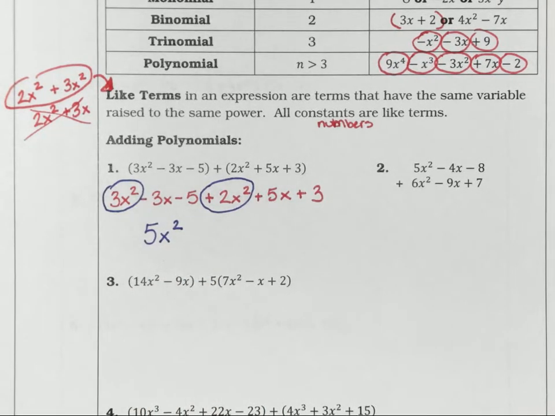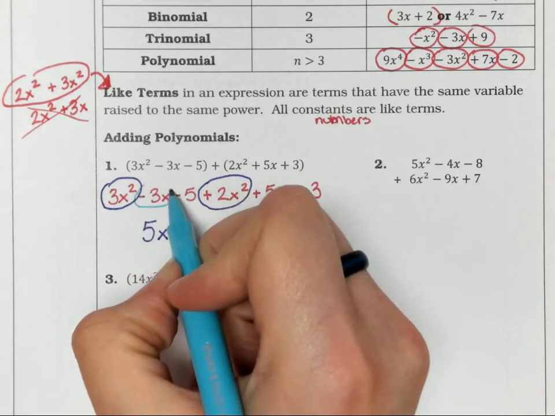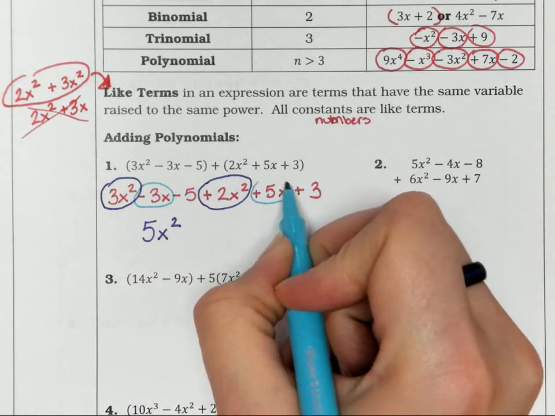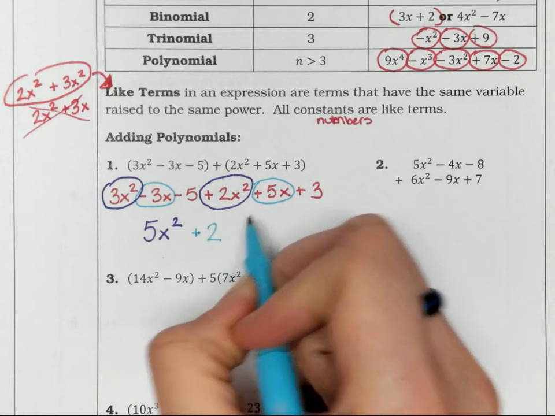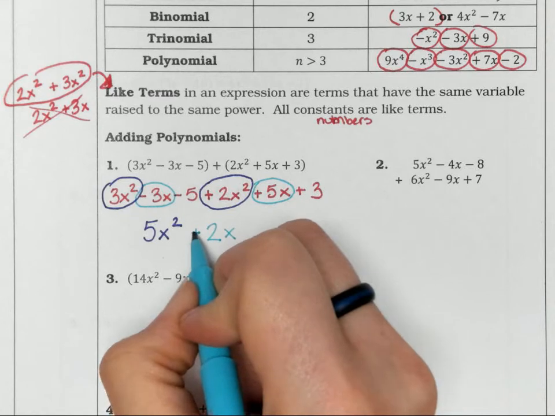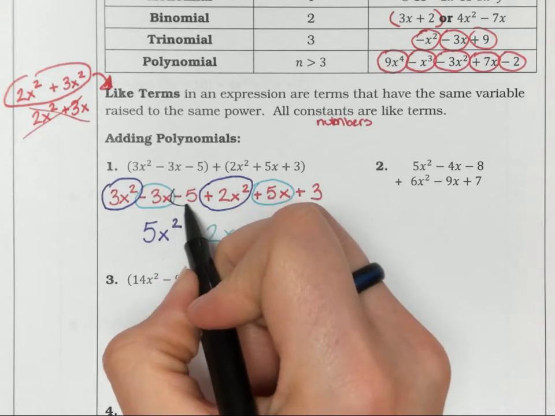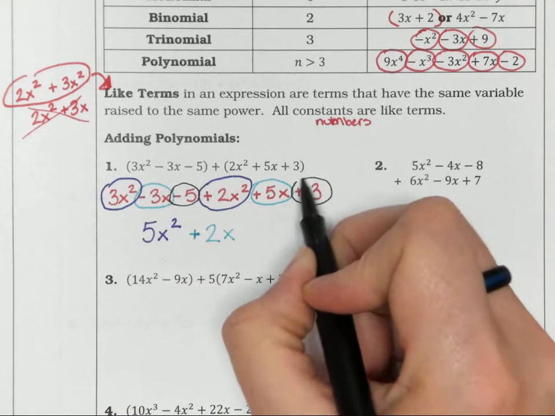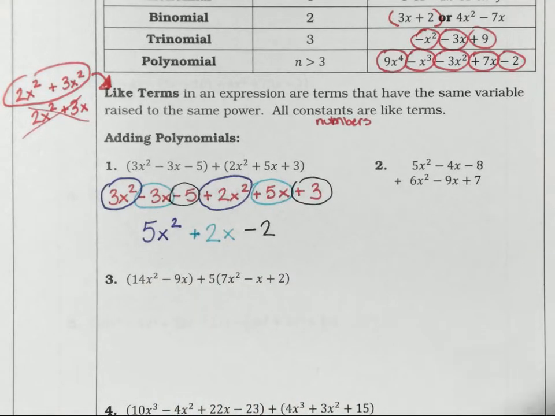And then I have negative 3x and positive 5x, which makes a positive 2x. And then the last one is negative 5 plus 3. So I have negative 5 and a positive 3, which makes a negative 2. And that's my final answer.